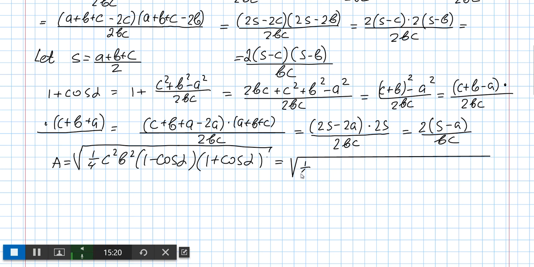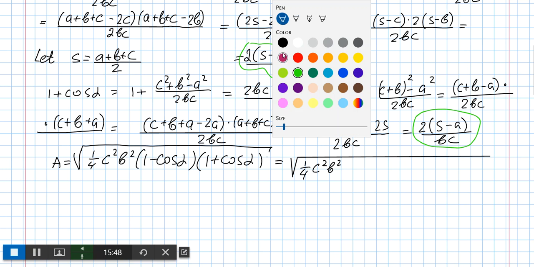So this gives me 1/4 c square b square. Okay, 1 minus cosine is this one, and 1 plus cosine is this one.